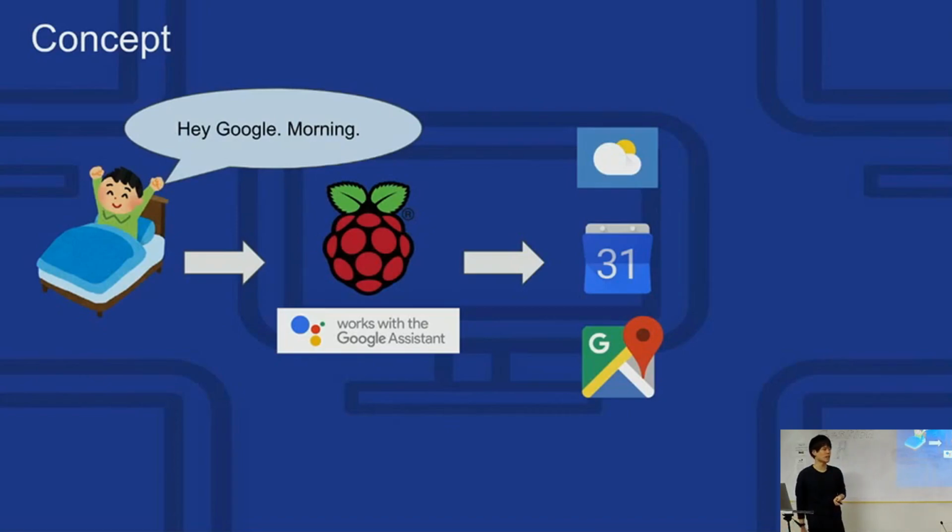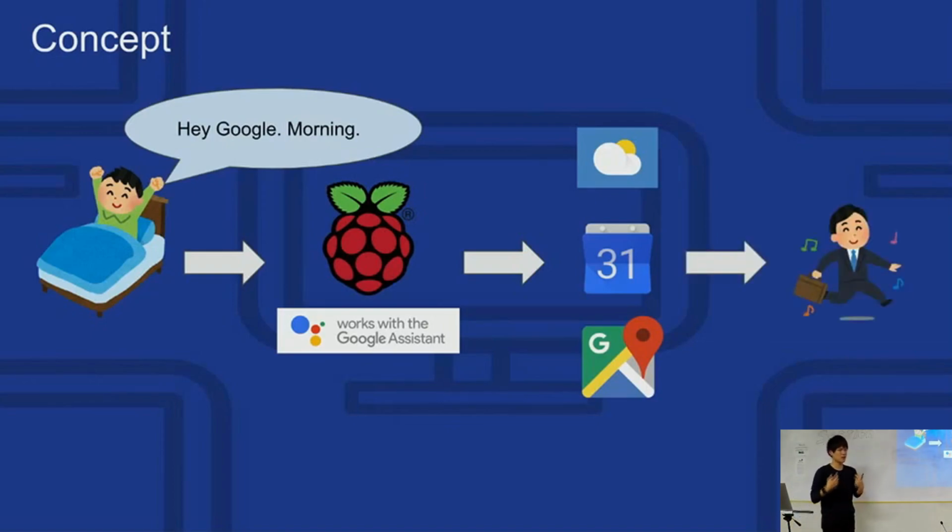And it will be raining today, so I can prepare an umbrella, and so I can finally go to work. This is the second example's concept.